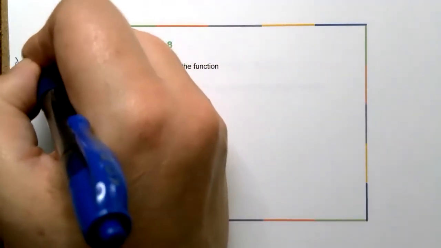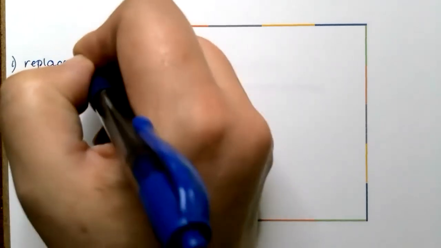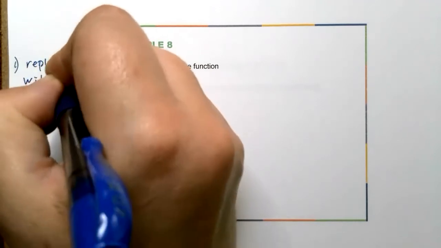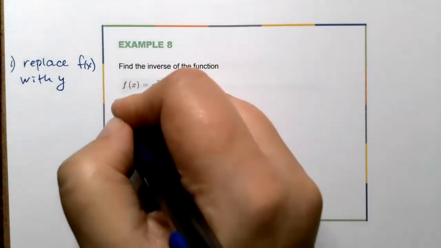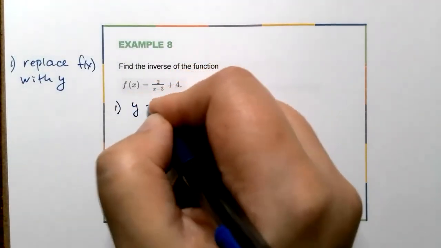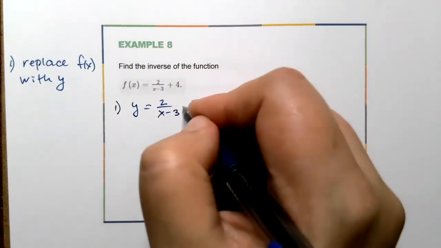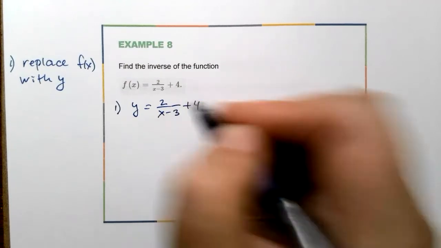For step number 1, you're going to replace f of x with y. So step 1: y equals 2 over x minus 3 plus 4.